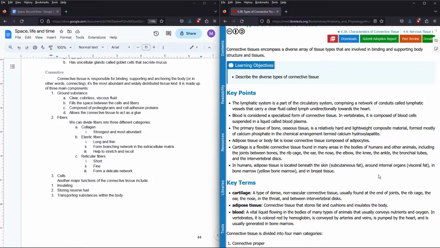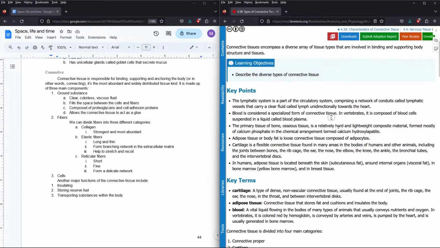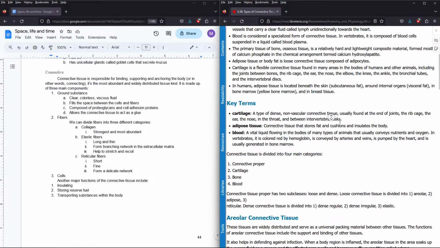Well, that surprised me. Bone tissue is a relatively hard and lightweight composite material formed mostly of calcium phosphate.